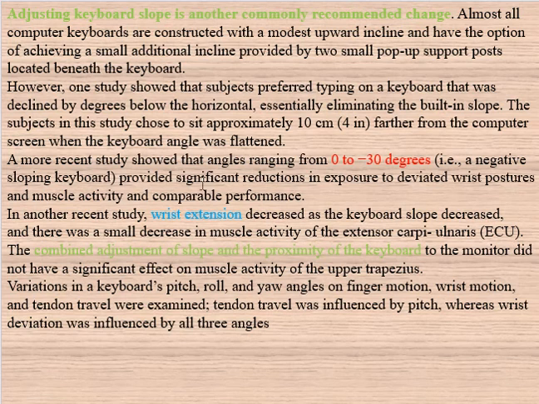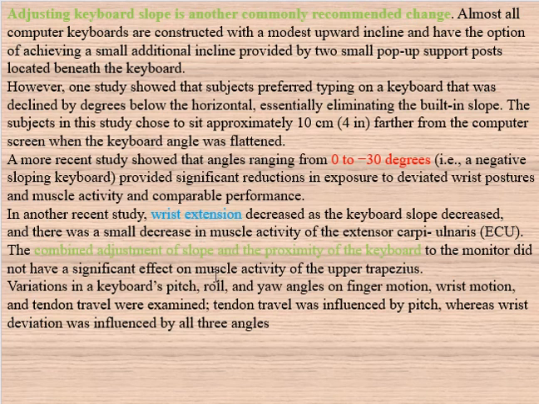A more recent study showed that at angles ranging from 0 to 30 degrees, a negatively sloped keyboard provided significant reduction in exposure to deviated wrist postures and muscle activity, with comparable performance. In another study, wrist extension decreased as the keyboard slope decreased, and there was a small decrease in the muscle activity of the extensor carpi ulnaris.